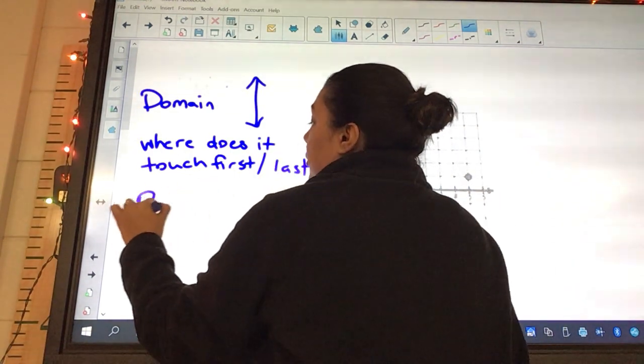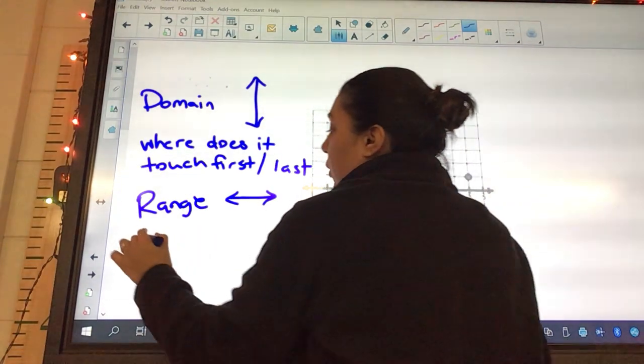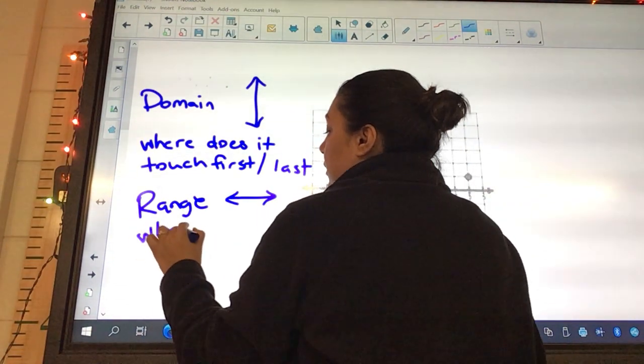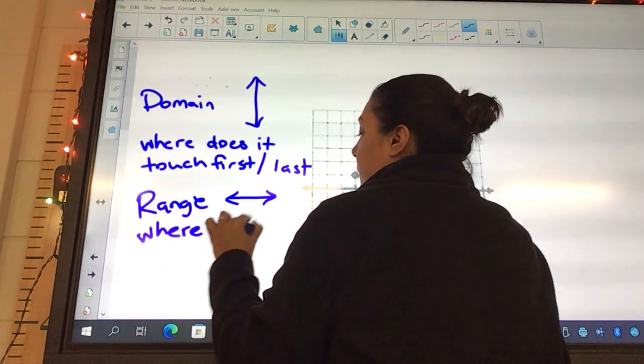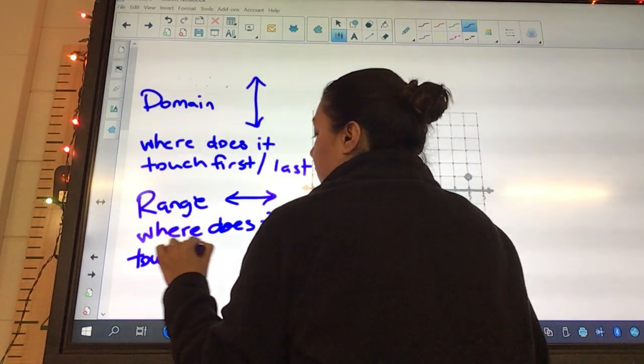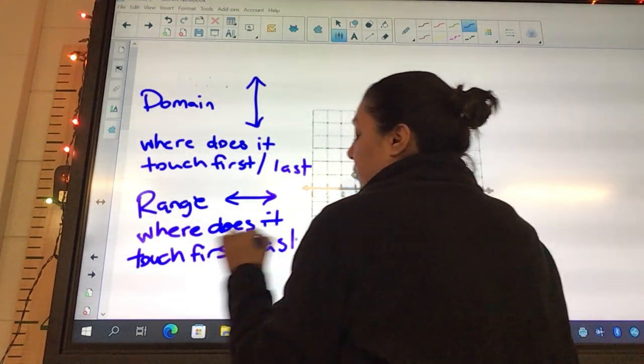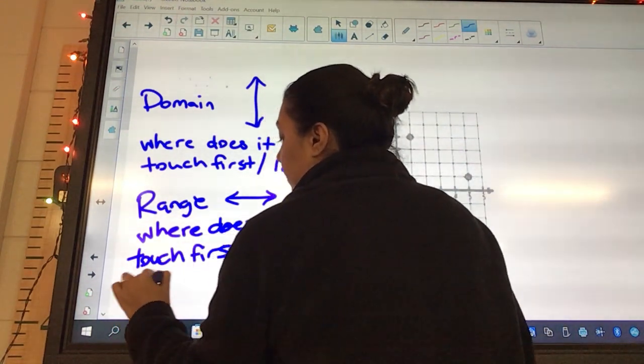For the range, we use our pencil this way. So where does it touch first and last? And we go from the bottom to the top.